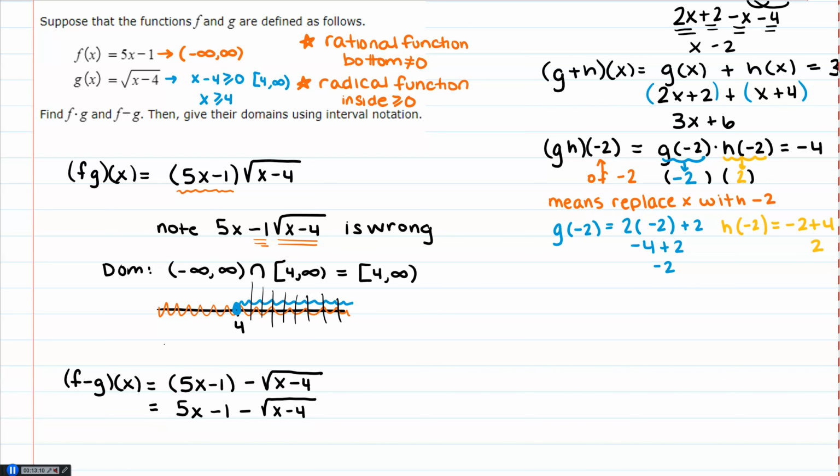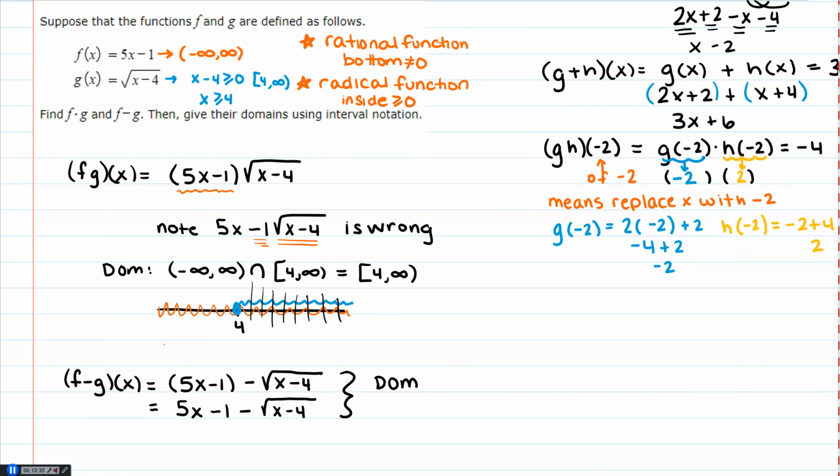And if you're confused about when to use parentheses and when not to, just use them. Because it's not wrong to put the parentheses every time, but it is wrong to leave them off sometimes, as in the first problem of this set. Okay, so the same domain for this guy as well.